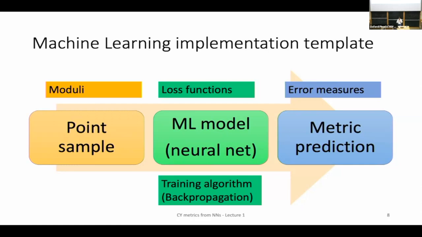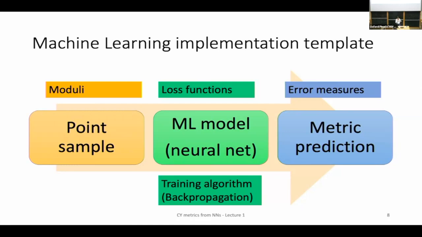And this training algorithm will minimize a loss. So it will be very similar to the supervised learning that we heard Fabian talk about in the first lecture. In fact, one can say that it is supervised learning. What is different is that we do not know what the Ricci flat metric is on the Calabi-Yau. So we will have to be a bit clever when we define these loss functions.